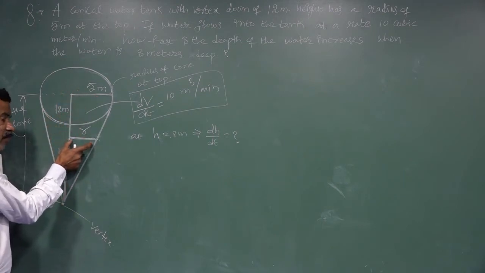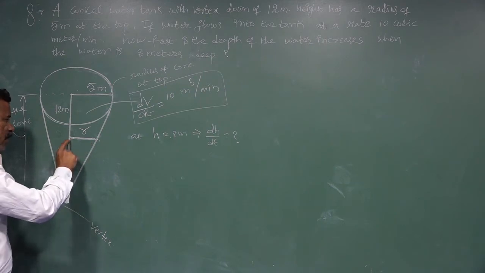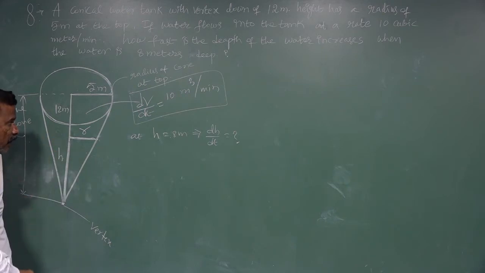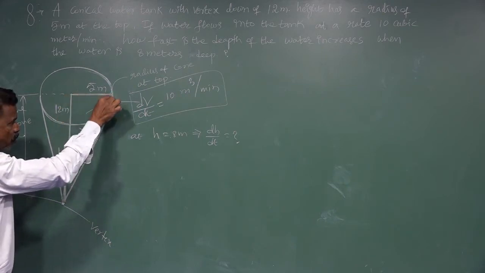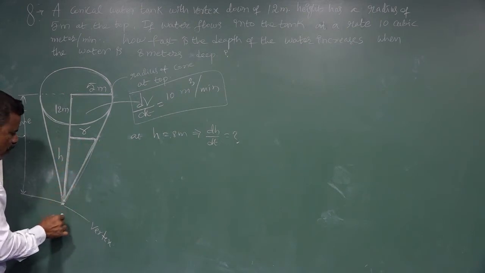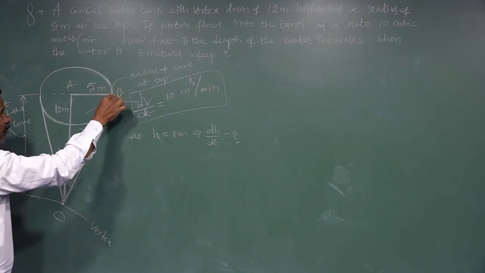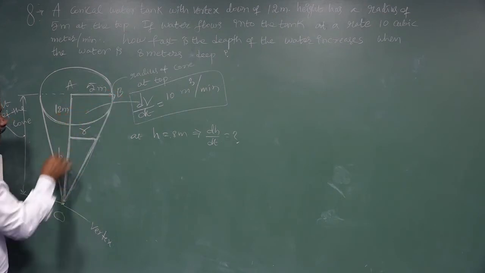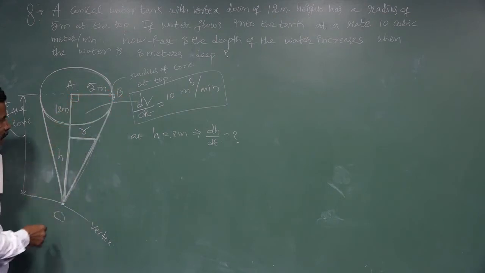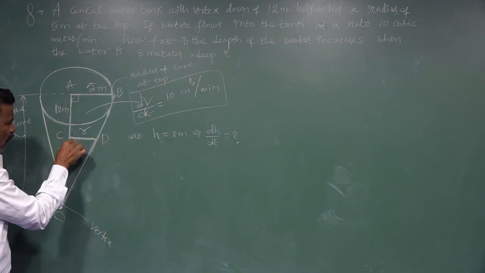Once some water flows in, the water level h will increase. Then the radius is r. So this total triangle and this smaller triangle are similar triangles. Suppose this vertex is O, this is A, this is B. OAB is one right angle triangle, and this is C and this D, OCD is also a right angle triangle.